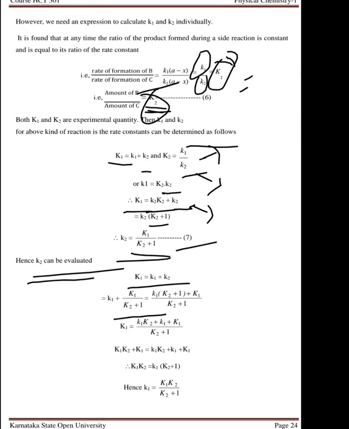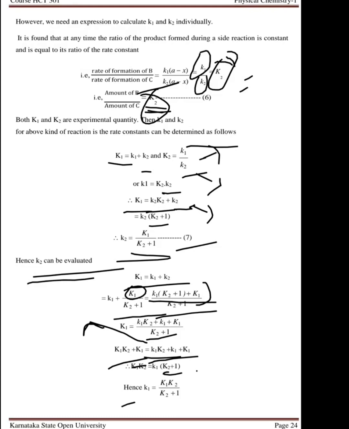Multiplying by K plus 1 on the left hand side, we'll get k1 into K plus k1, where taking k1 as common, k1 into K plus 1.